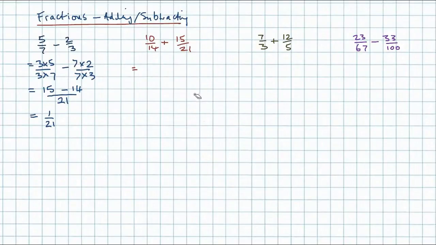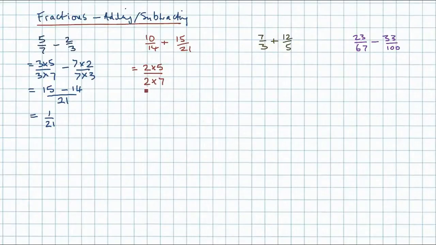So it's exactly the same thing really, but what I'm going to talk about is factors. So 10 has the factors, apart from 1 and itself, of 2 and 5, so I can rewrite that as 2 times 5. And I know that I'm going to get one of the factors the same here because I said I could halve it, so I'm going to have 2 times 7 there as the factors of 14, apart from 1 and itself.